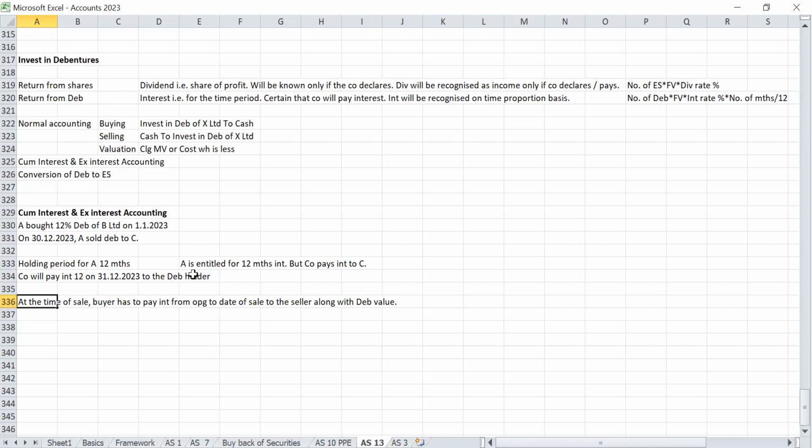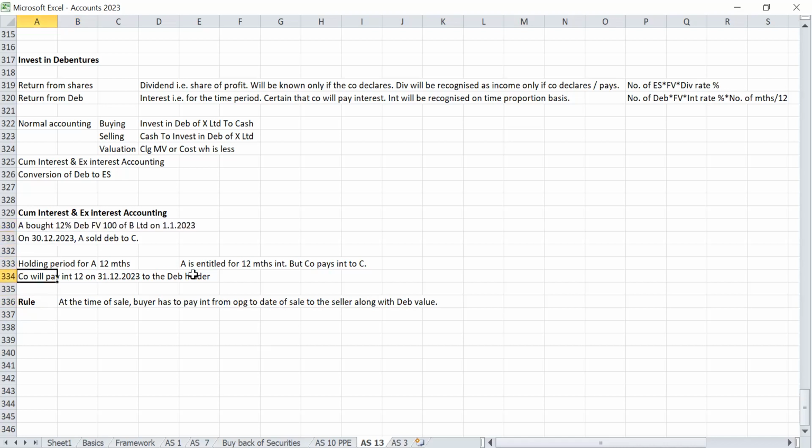This is the rule. First read the rule again. At the time of sale, the buyer has to pay interest from opening to date of sale to the seller along with the debenture value. So assume the debenture value at face value 100.